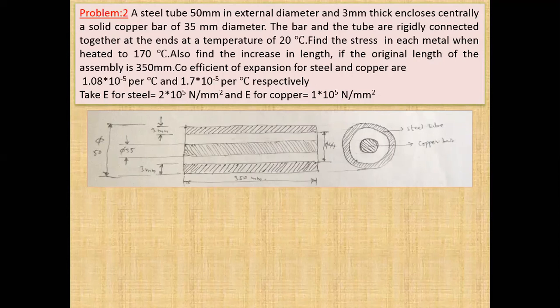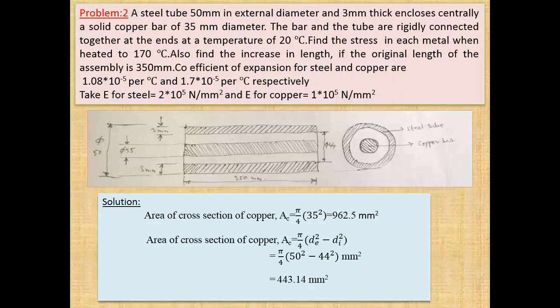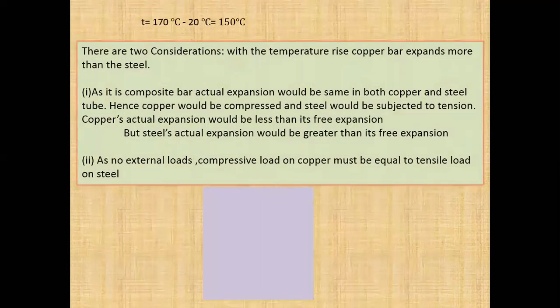So obviously here steel is subjected to tension and copper is subjected to compression. So here we have to find the areas of cross section of both copper and the steel. So we have to consider two considerations.